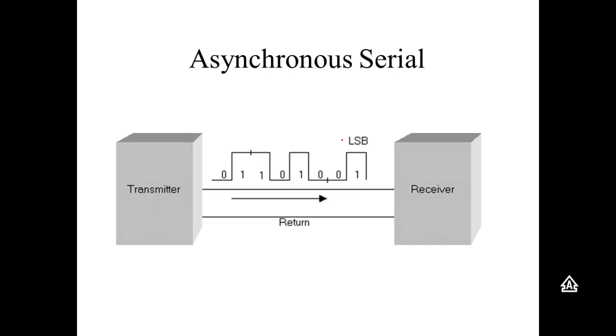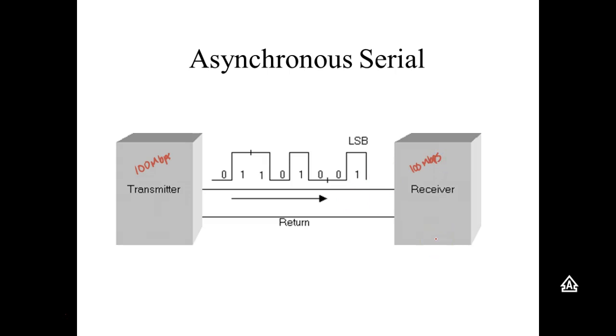But then we have asynchronous serial. With asynchronous serial, we send it at a precise rate. So what happens if this guy right here is going at 100 megabits per second, and this guy here is going to receive at 100 megabits per second?